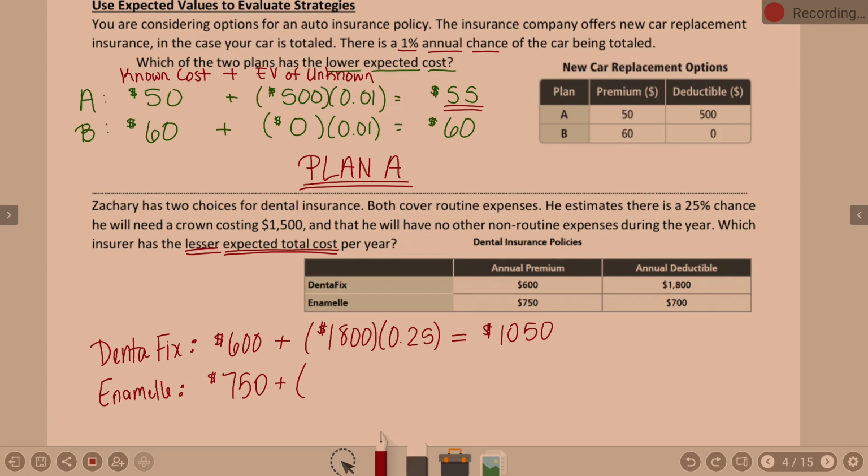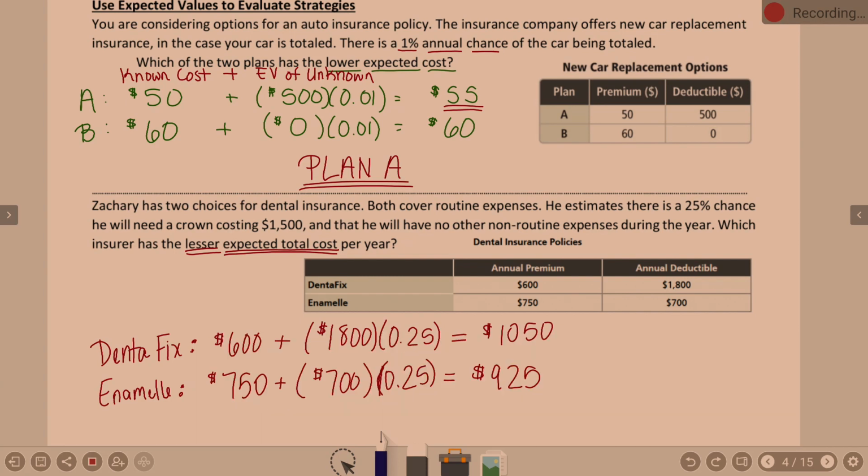He's paying $700, and there is a 25% chance he pays that. So, 25% of 700, 175. And if we add that to 750, we are at 925.